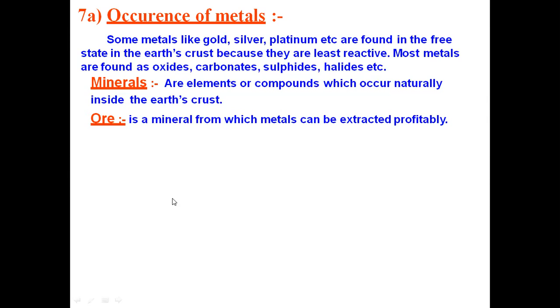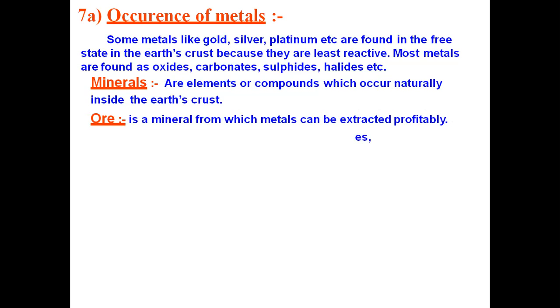So from the oxide form, we have to extract the iron. That form of iron from which we extract the metal is called ore. So ore is also a mineral from which the metal will be extracted.